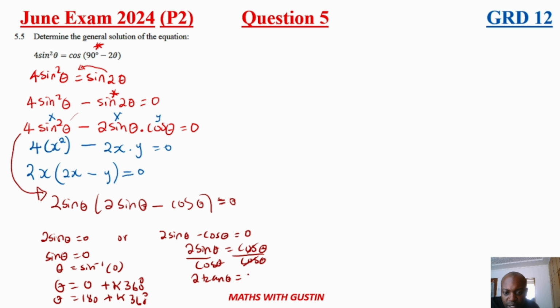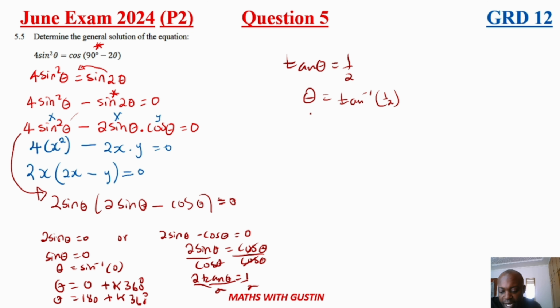So you divide by 2 both sides, you're going to be left with tan theta is equal to 1 over 2. So therefore you're going to say theta is equal to tan second function 1 over 2.